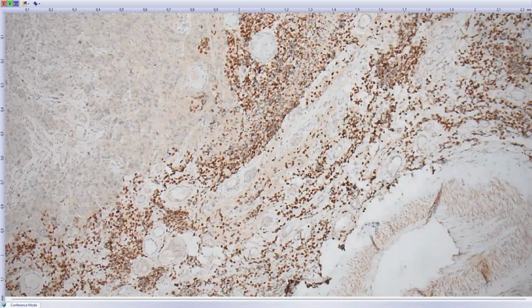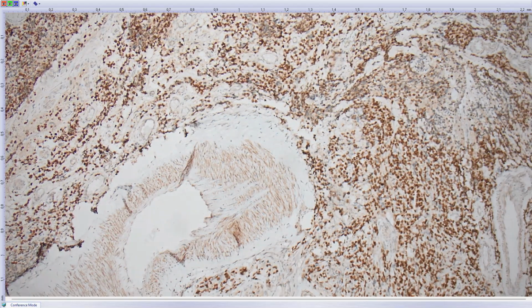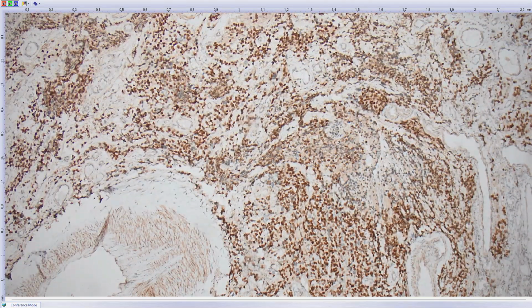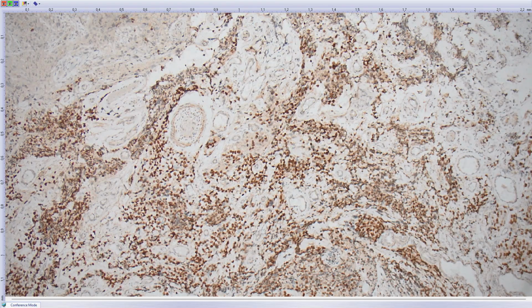You have loss of GFAP or OLIG2 staining in sarcomatoid parts and retained staining in more well-differentiated parts of gliomas or gliosarcoma. So in my eyes, this is glioblastoma, IDH wild type, not the metastatic urothelial carcinoma.